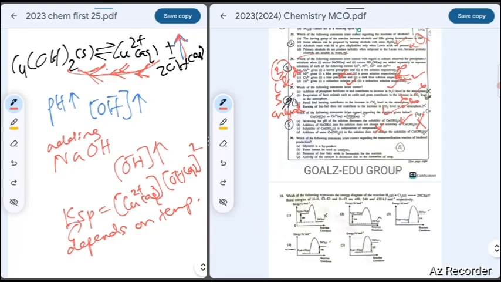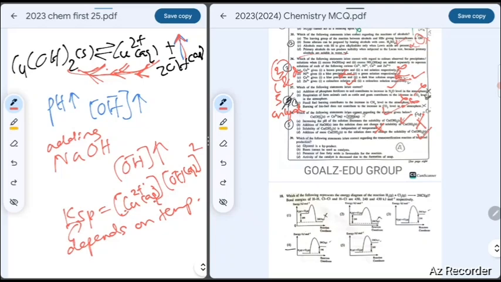Addition of more Cu(OH)2 solid to the solution does not change the solubility of Cu(OH)2 solid. That is correct. Because the solubility product depends on the Cu2+ aqueous concentration times the OH- aqueous concentration squared.